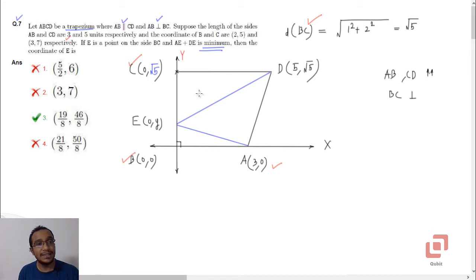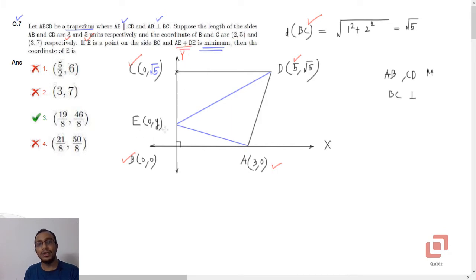Secondly, the length of side CD is 5, it's given in the problem, and because CD is parallel to AB due to the property of the trapezium, D is going to have the same y coordinate as that of C, and its x coordinate will be 5. Now we have to determine the location of point E such that the sum of the distances AE and DE is minimum.